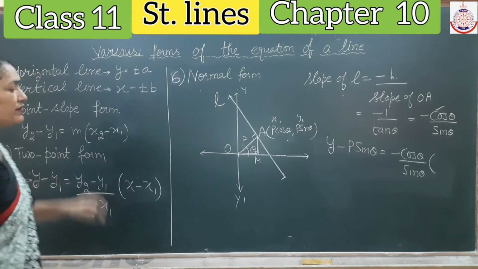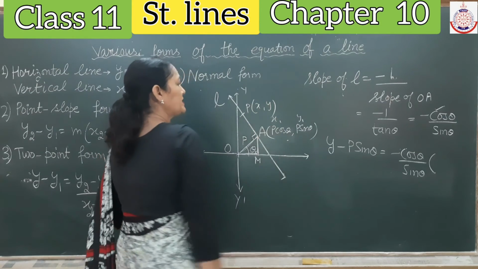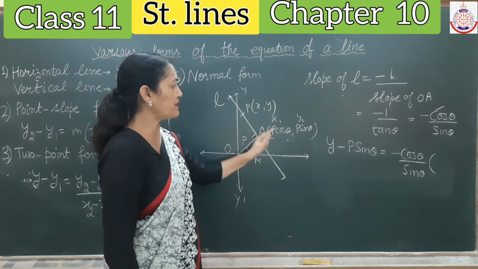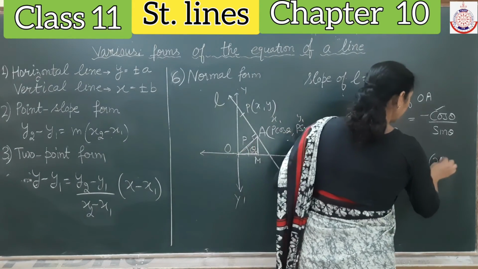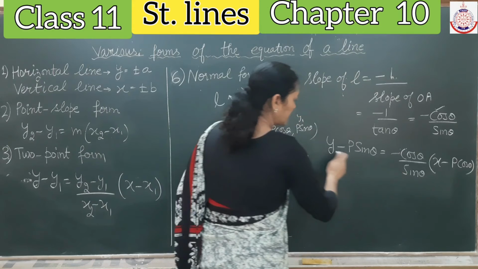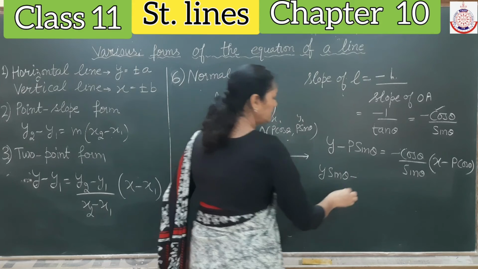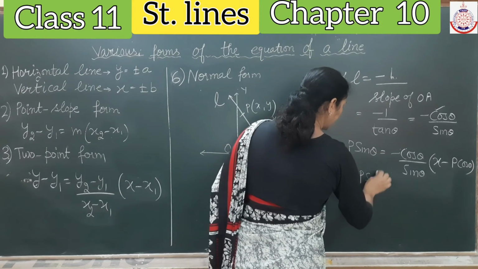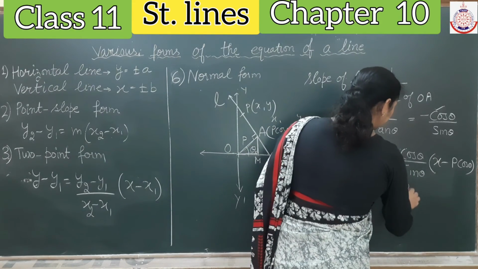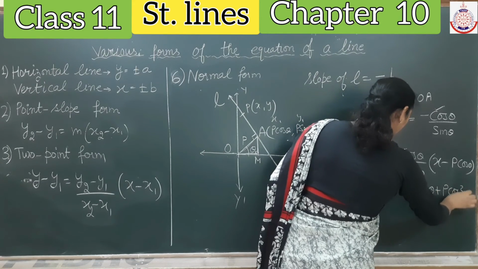Instead of these points, we can mark a point having coordinates x and y. So we'll have y minus p sin theta and x minus p cos theta. Shifting this side, we get p sin square theta minus x cos theta plus p cos square theta.